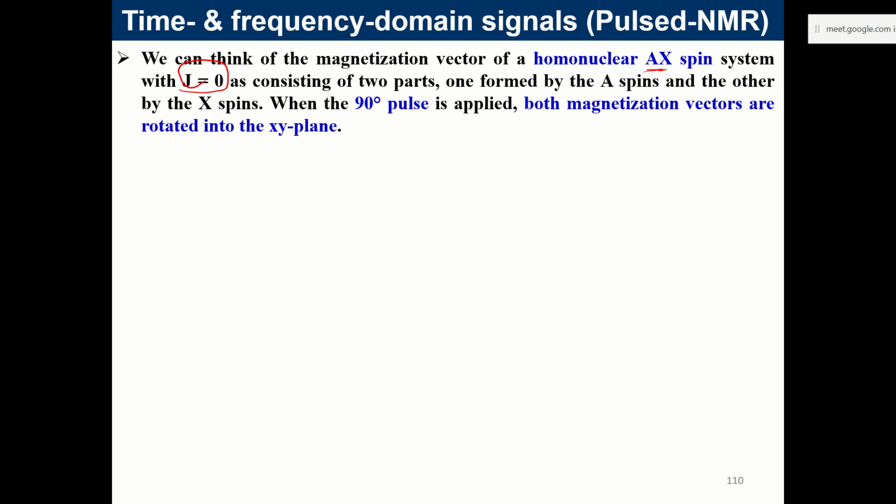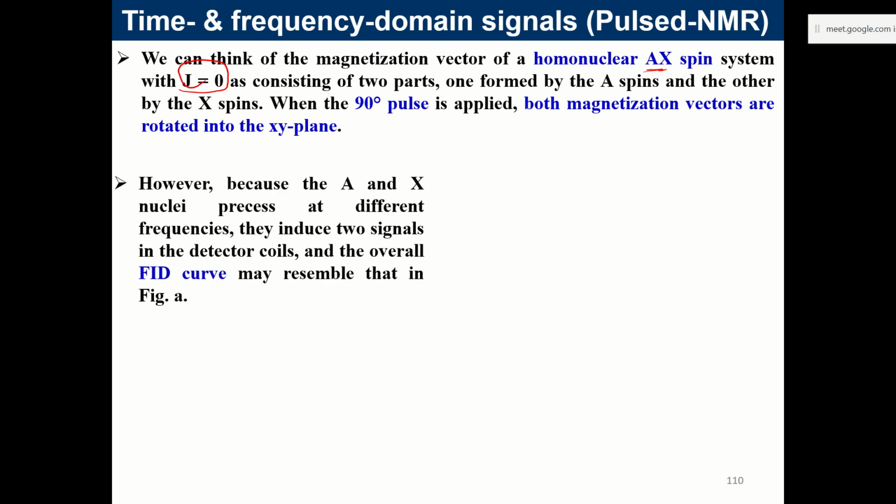When we apply a 90-degree pulse, there will be two different magnetization vectors corresponding to the A and X spins, and both will appear at different frequencies. The signal generated will be a mixture of these two waves.